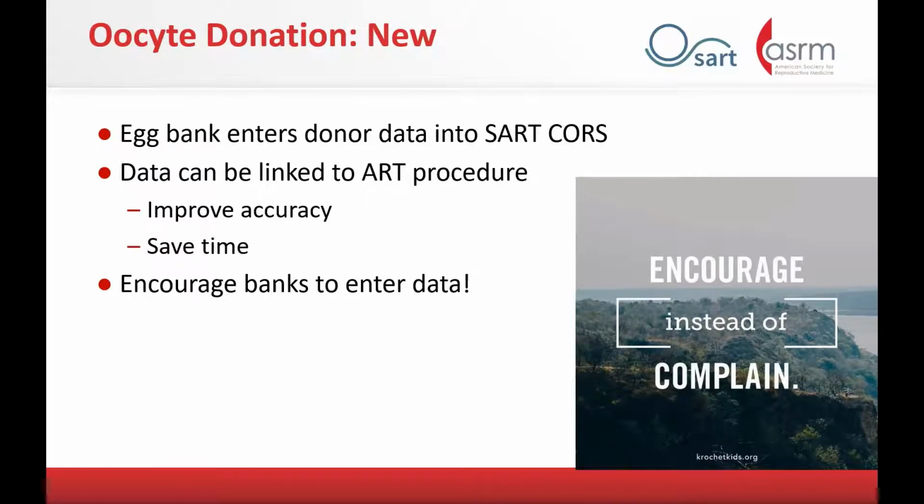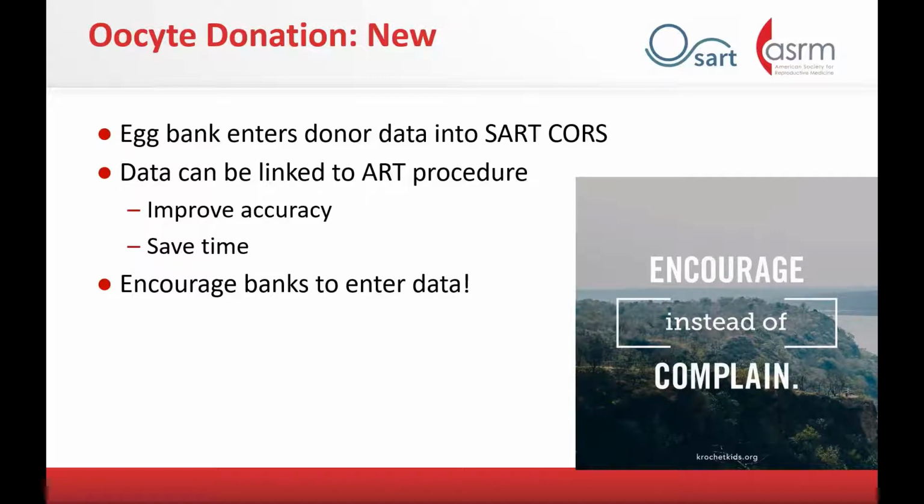The solution to the problem moving forward is ideally to have egg banks enter the donor data into SART cores. That way data can be linked from the donor cycle to ART procedures, providing a lot of time reduction, time saving, and improved accuracy of the reporting.